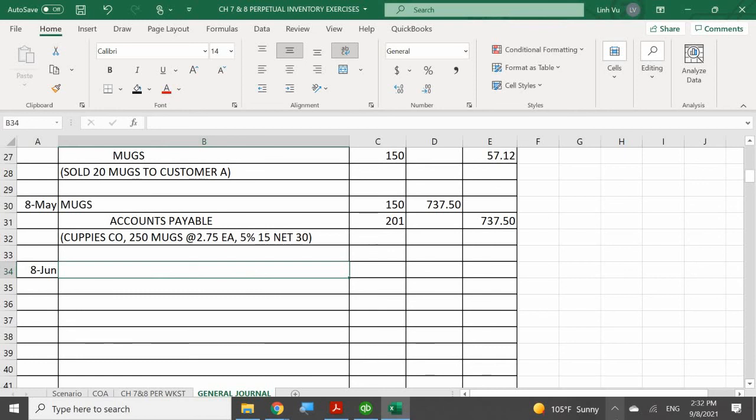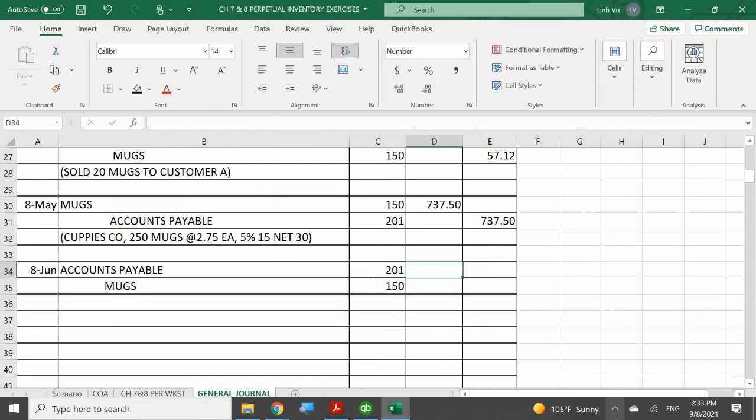In inventory. So you're just going to take it directly out of inventory. But in this case, I'm getting a refund no matter what, so it's going to reduce my accounts payable account. And again, it's also going to reduce my mugs.